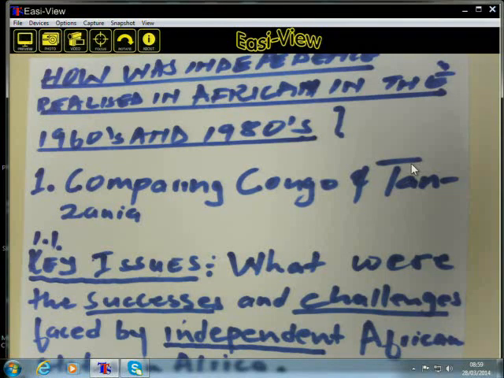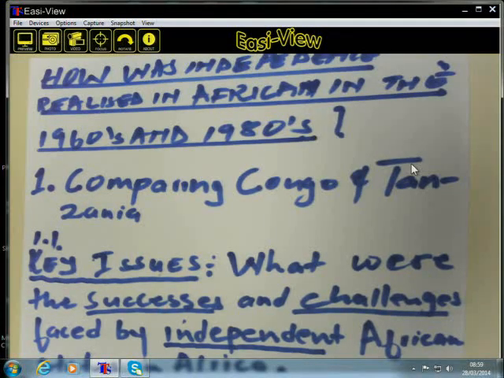As we go through this content, the learner must be in a position to compare how independence was received in the Congo and Tanzania, because your question is going to be based on a comparative study. There is no way that a learner is going to obtain 100% without ensuring that he compares.